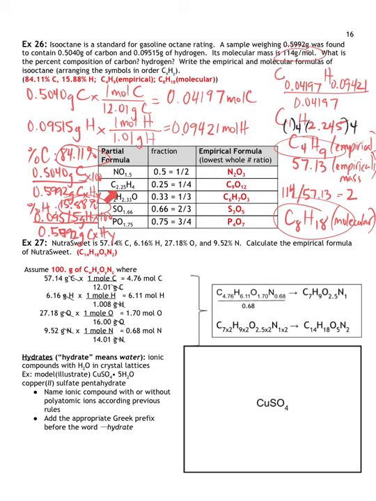Likewise, when it's 0.25, close to that, you'll multiply by 4 and you'll get whole numbers from that. If it's 0.33, you know that's a third, and so multiply by 3 and that will give you your whole number. If it's 0.66, that's 2/3.